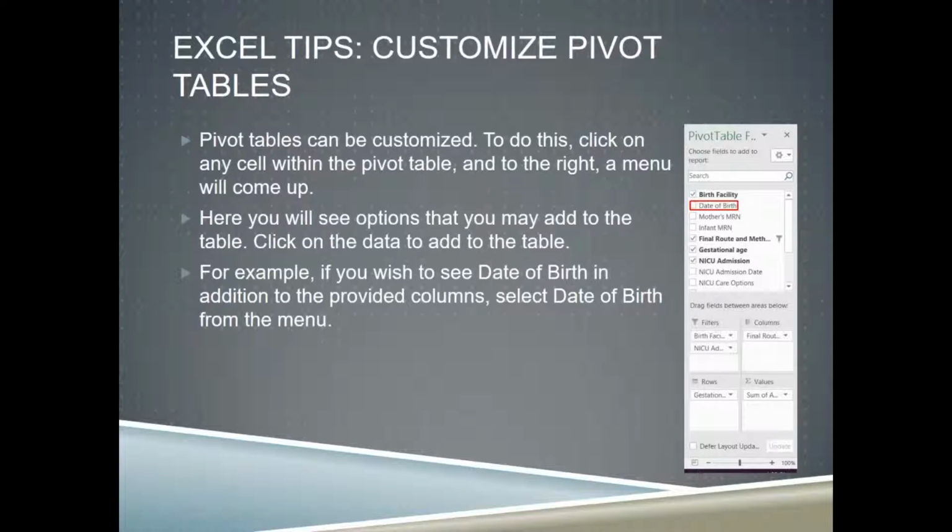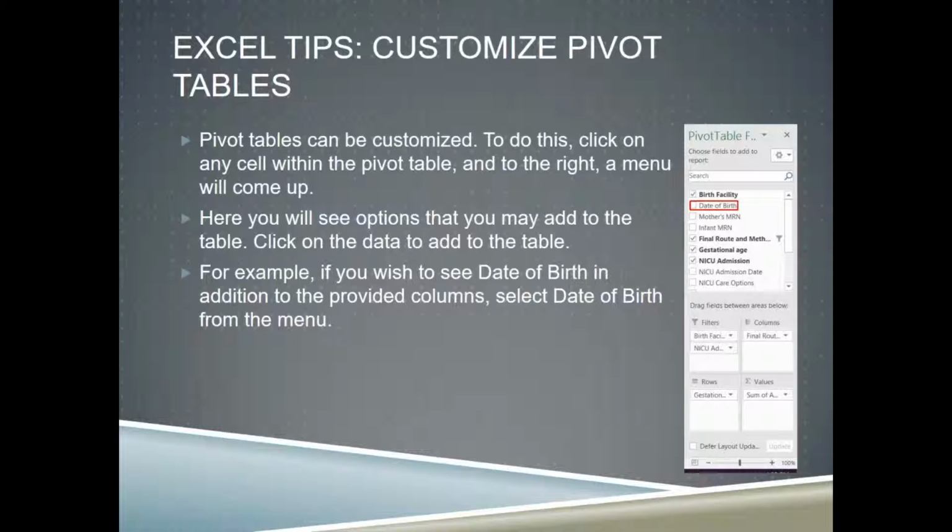This becomes a little bit more advanced, but as you feel more comfortable with the pivot tables and the template itself, you have the ability to customize some of these by adding additional rows of information.